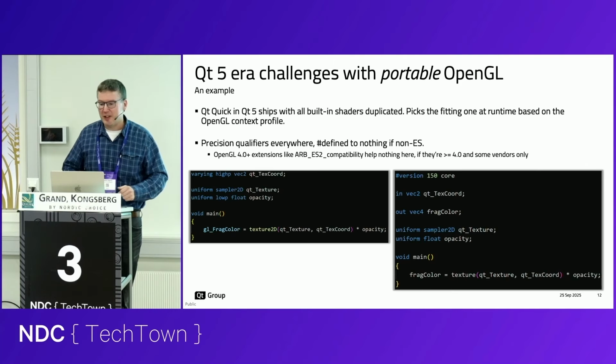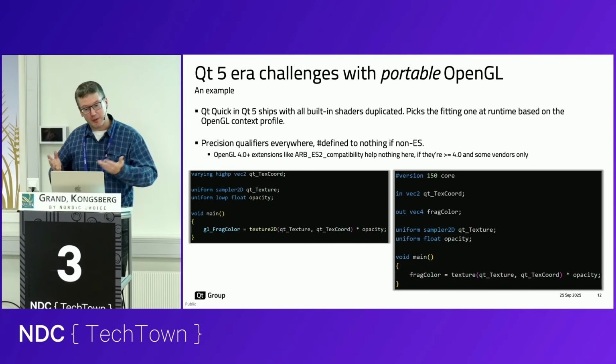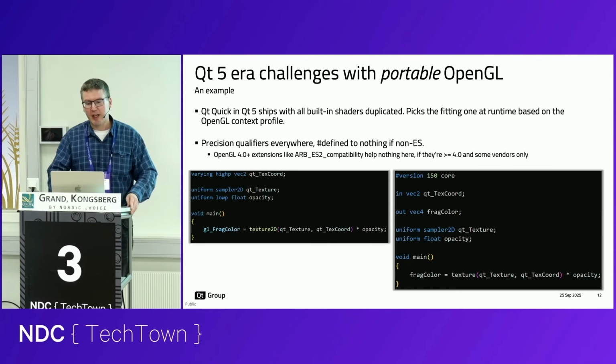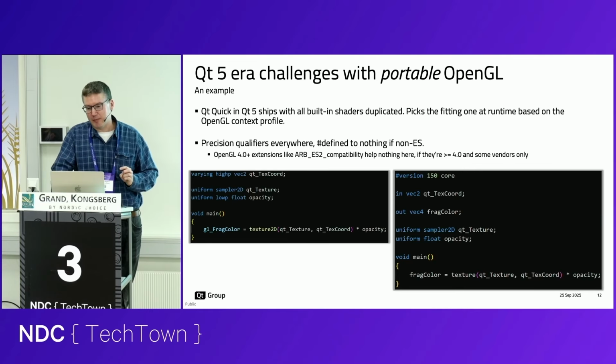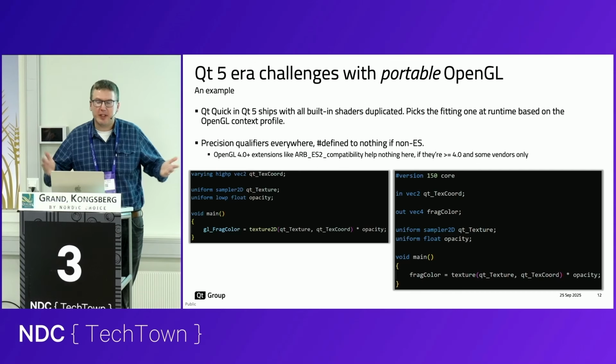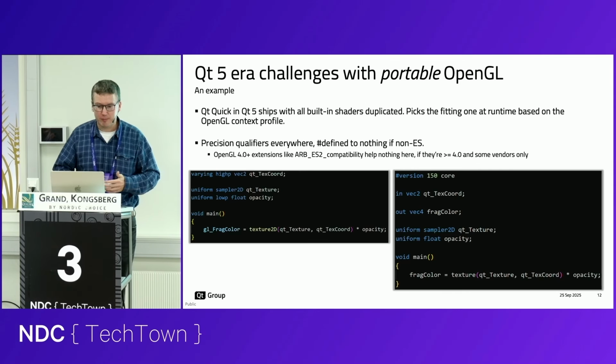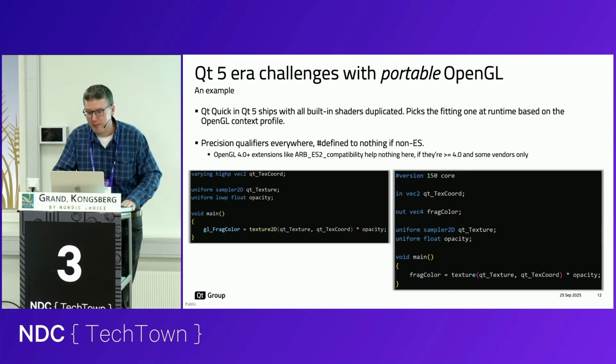So one quick example is how core profile support was added, or in a way bolted on. This was not even there in Qt 5, it got added later. And of course this is quite telling, right, that all shaders are duplicated, which is pretty ridiculous. This could have been solved differently, but this is a good enough solution.